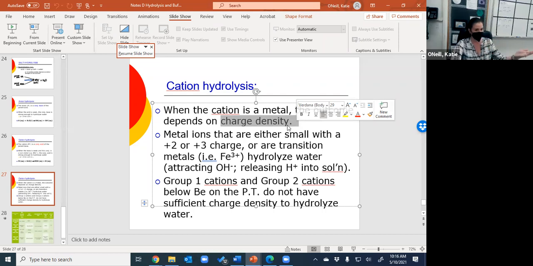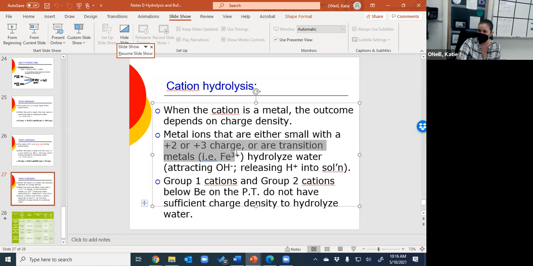Because density is a function of volume. So the metal ions that are small are going to be better at this because they'll have a higher charge density. When you get real low on the periodic table, where the real large atoms are, then sometimes they don't have a compact enough charge in order to cause the hydrolysis.